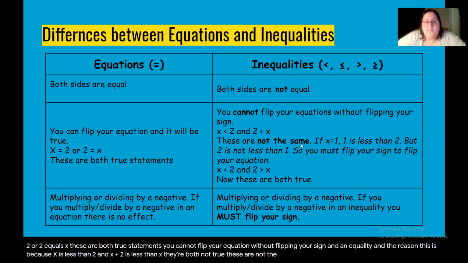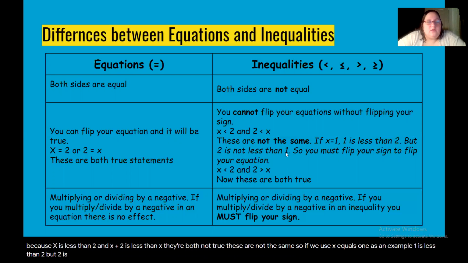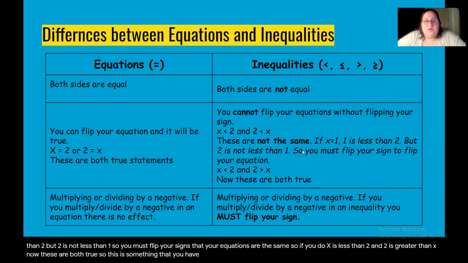These are not the same. If we use x equals 1 as an example, 1 is less than 2, but 2 is not less than 1. So you must flip your sign so that your statements are the same. If you do x is less than 2 and 2 is greater than x, now these are both true. So this is something that you have to remember with inequalities.